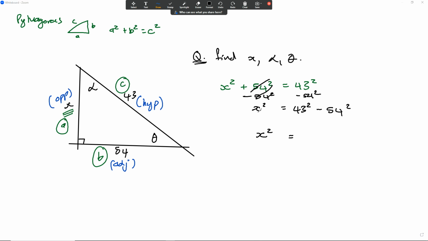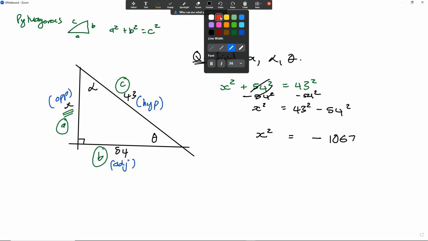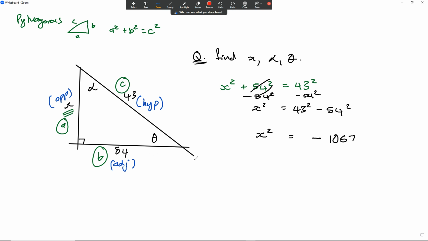So what you'll notice about this will end up as negative 1067. Okay, so the biggest problem with this question is that the hypotenuse is supposed to be longer than the adjacent. All right, which means that this is no solution, completely no solution for this question.